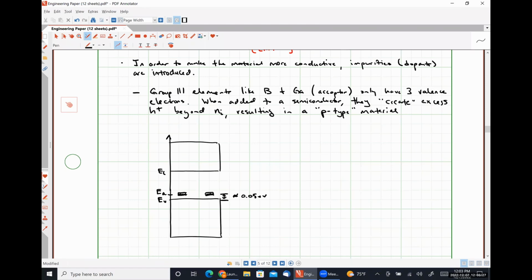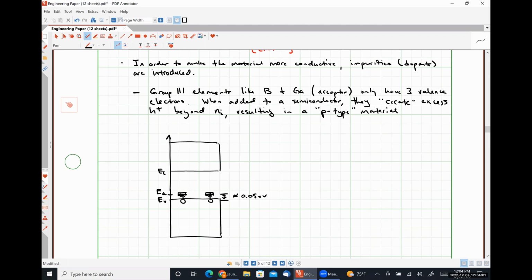Okay, so at 0 degrees Kelvin, this is still going to act like an insulator material because there are no free electrons, right? But as we increase the temperature, what we are going to see is that electrons in the valence band can more easily jump up into that empty energy state, sorry, I misspoke.